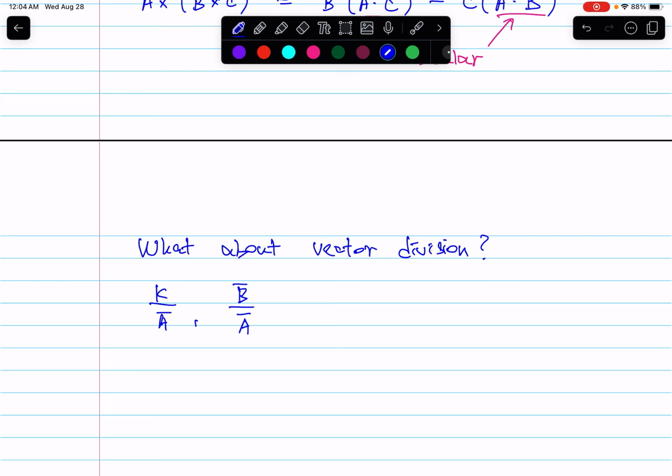Okay, so division by a vector is undefined.